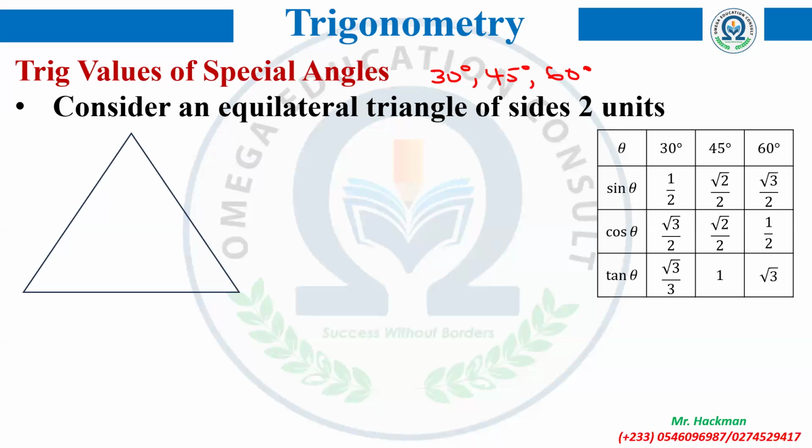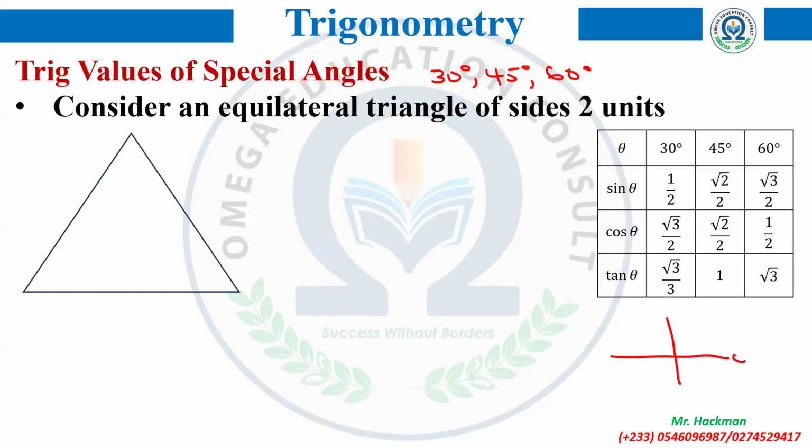However, there are other special angles, which will be the angles on the axes, and by that, this is what I mean. My concentration will be on the three that we have here. In trig, angles are measured anti-clockwise from the positive x-axis.